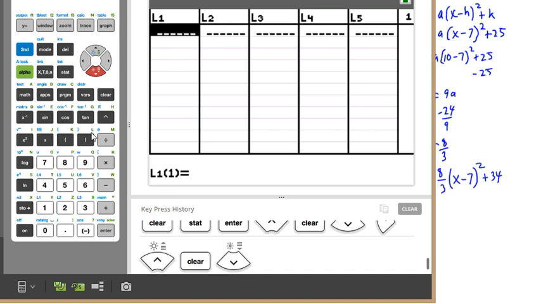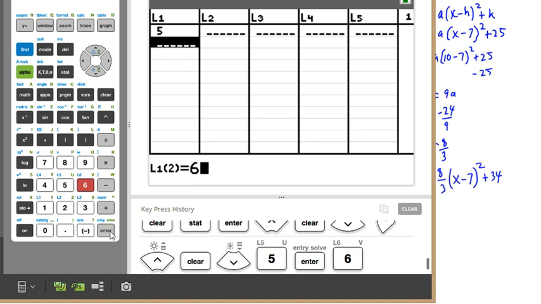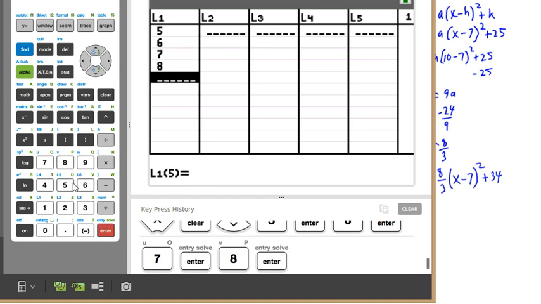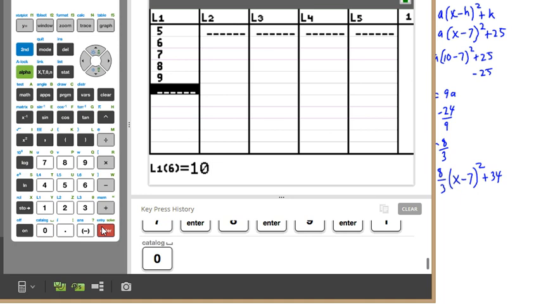And so now we're going to enter the X data here, which we have as 5, 6. We don't have data for every month here. 7, 8, 9, 10. Those are all the points we have. So we only have 6 points.